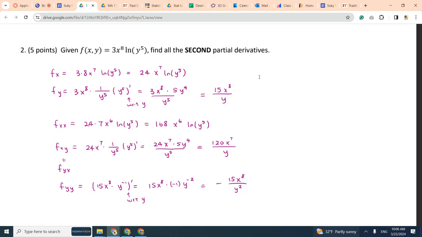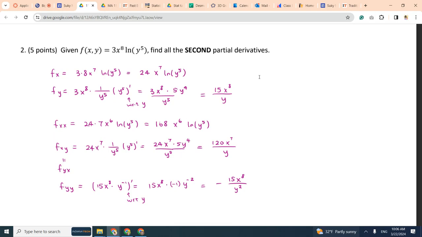This guy you need to use chain rule with u as y to the fifth. The derivative of ln u is 1 over u times u prime. Okay, everybody? 1 over u times u prime. So therefore, here, 1 over y to the fifth times u prime, where we take the derivative with respect to y.